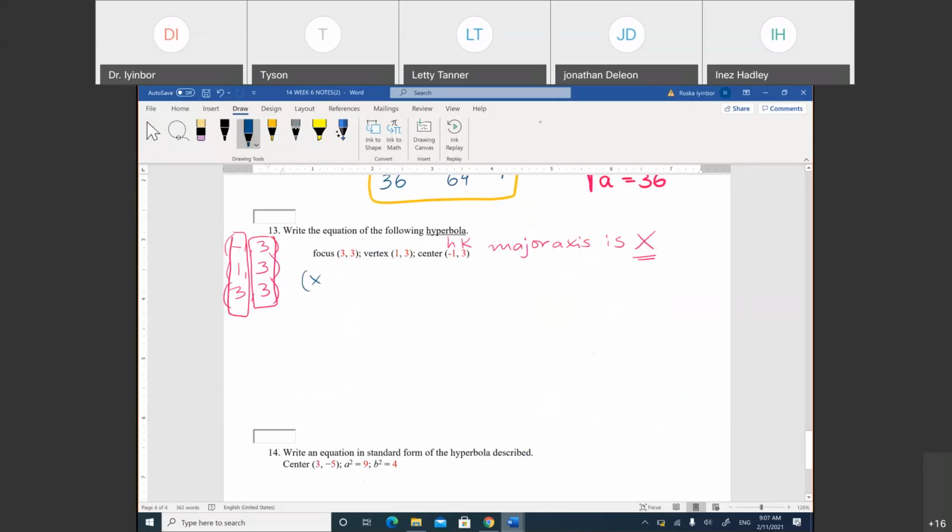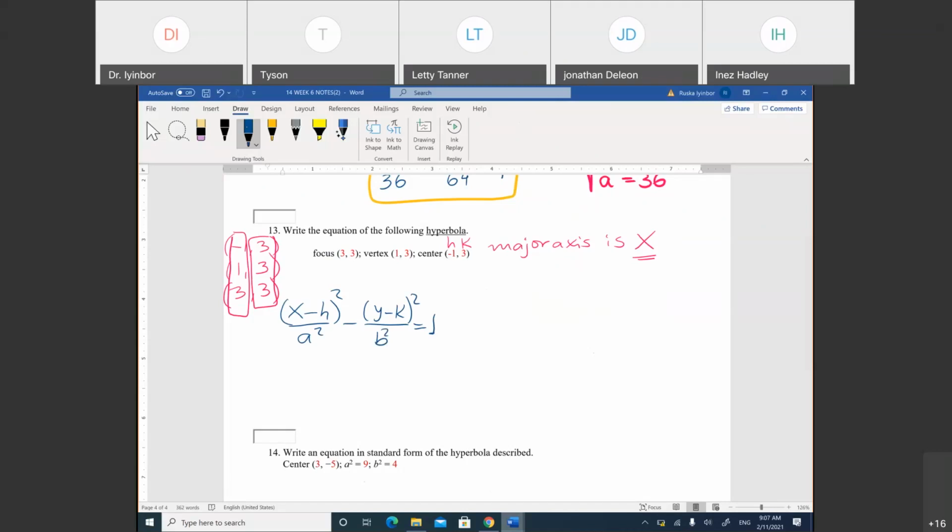Let me put it down so I can have room to write. So my answer is going to be X minus H squared over A squared minus Y minus K squared over B squared equals 1. So this is how my answer is going to look like.